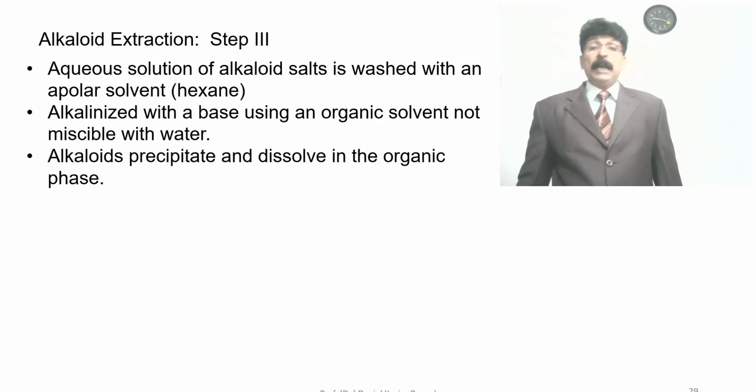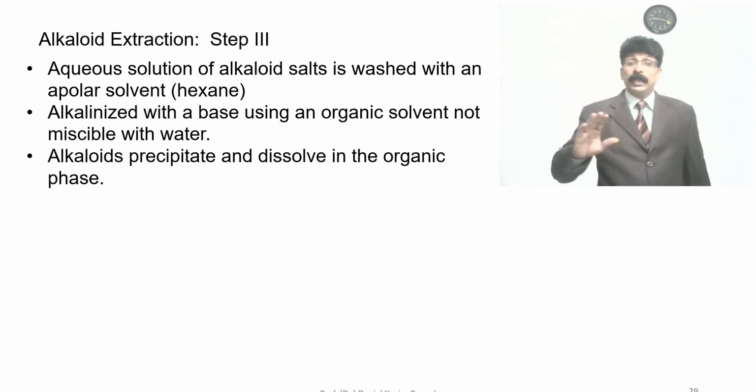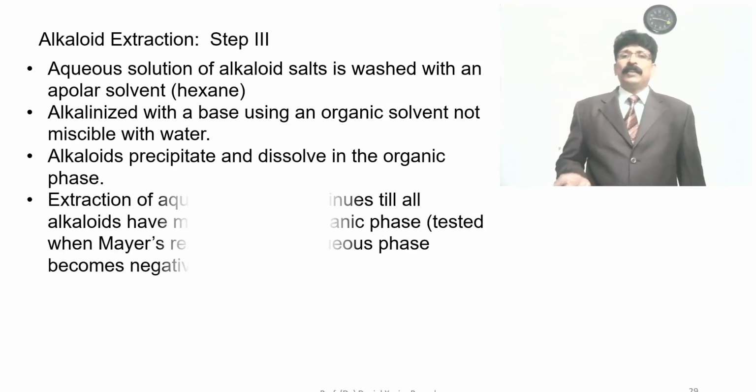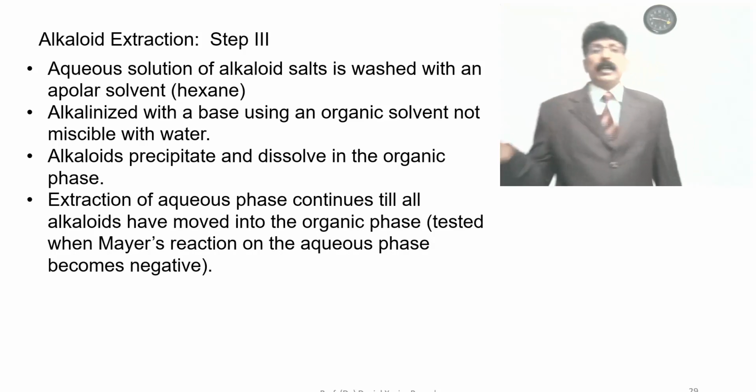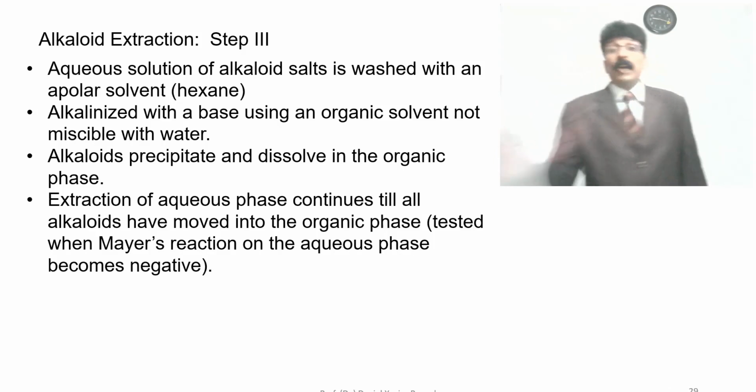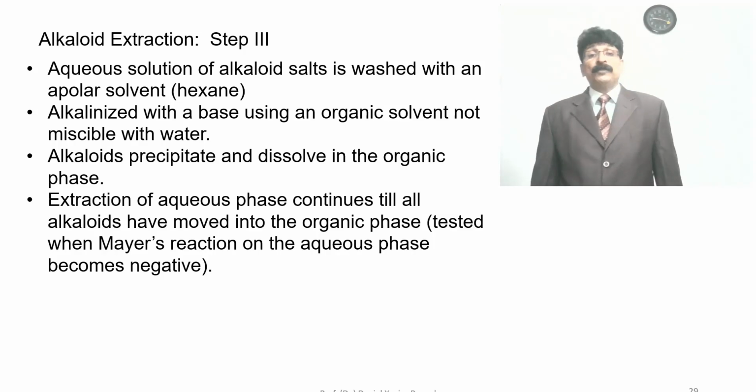The alkaloid precipitates and dissolves in the organic phase, and extraction of the aqueous phase continues until all alkaloids have moved to the organic phase, tested by the Mayer's test on the aqueous phase becoming negative.